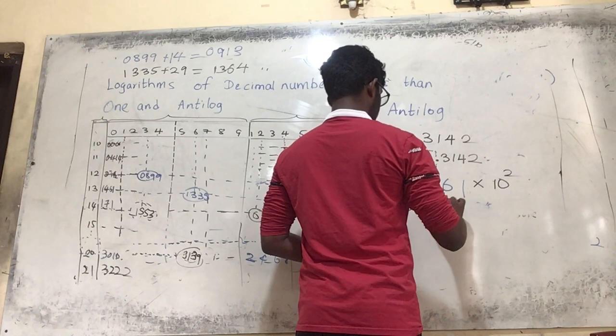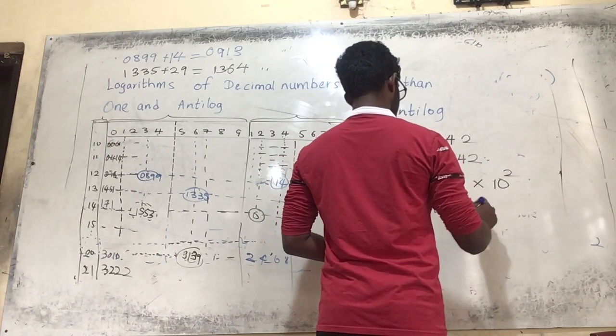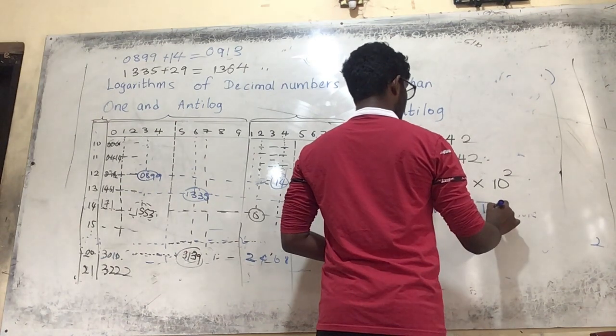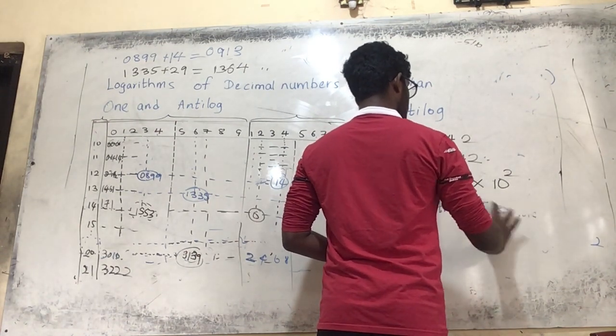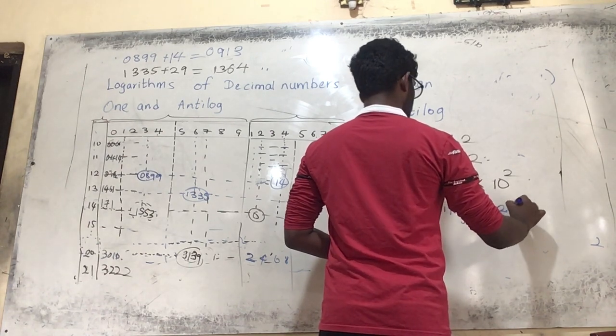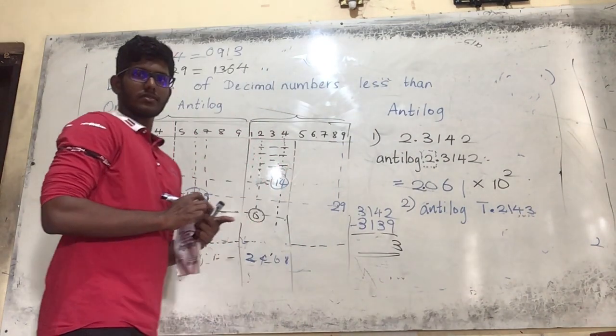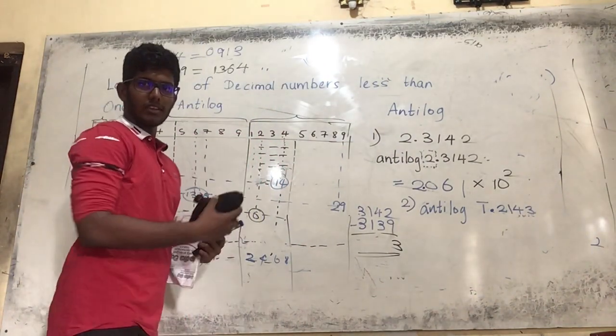Antilog, I will directly write the question. Bar 1.2143. Okay?